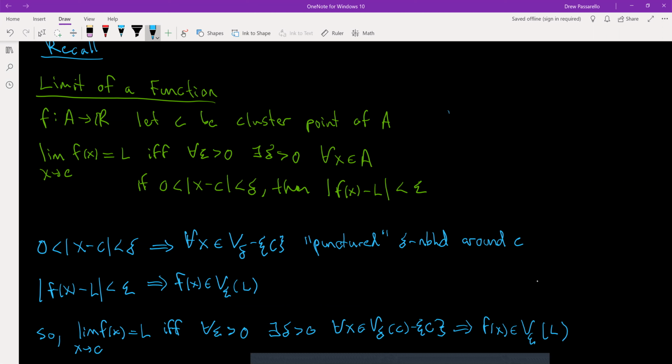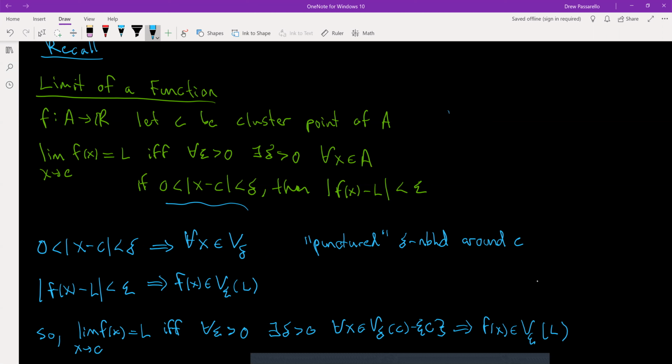And this condition, 0 less than the absolute value of x minus c less than delta, I like to call a punctured neighborhood around c. It's like a delta neighborhood around c, but with c taken out.